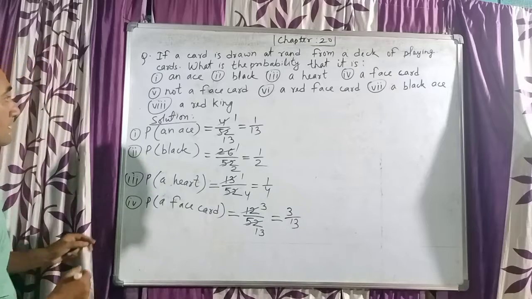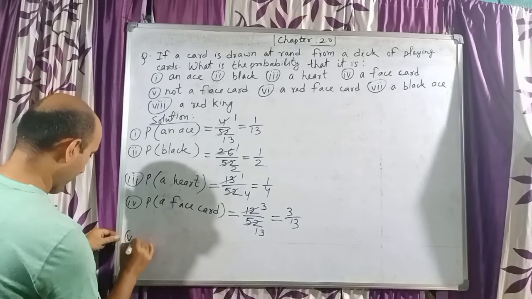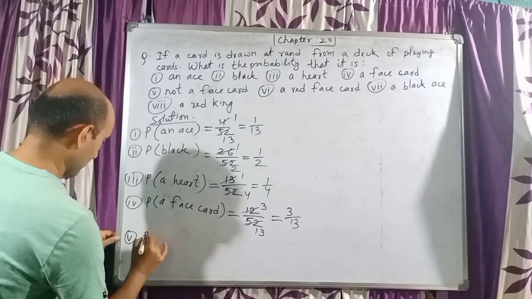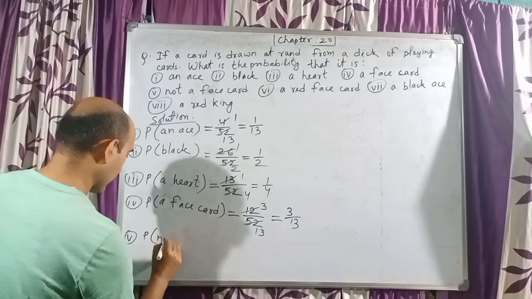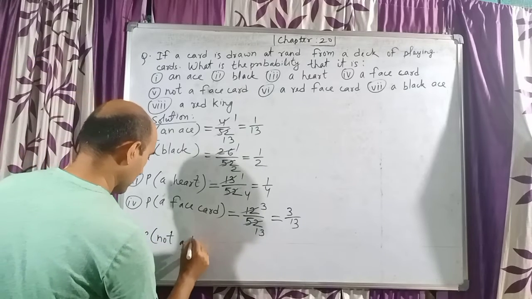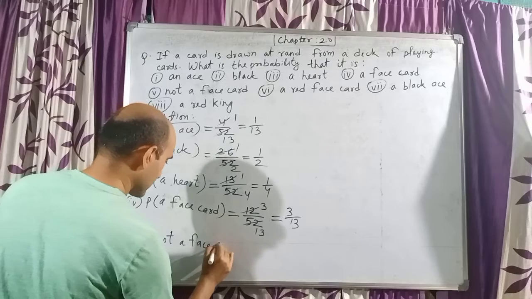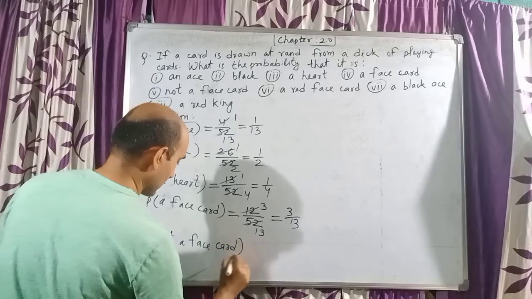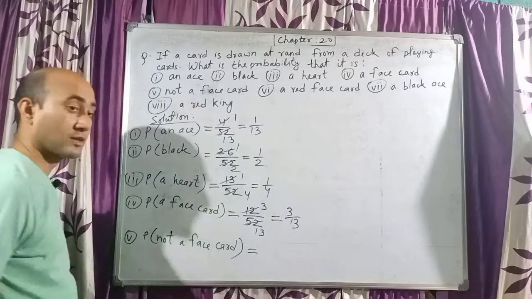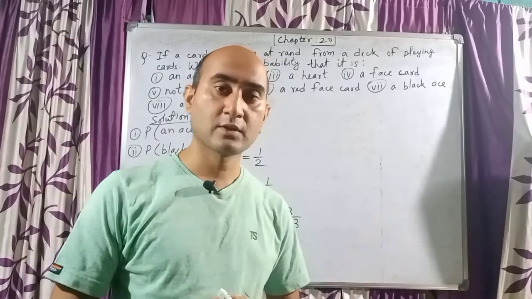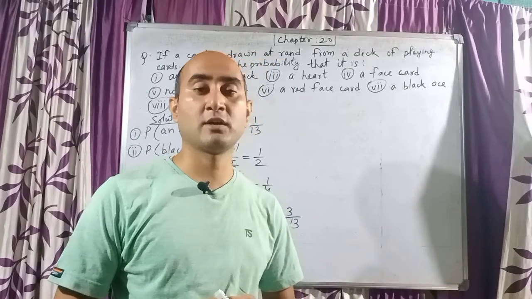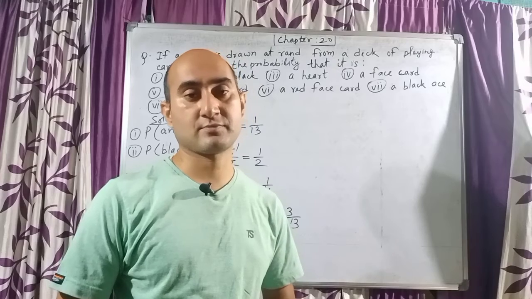Next, number 5. Probability of not a face card. Now very easy. Not a face card means don't take face cards. There are in total 12 face cards.